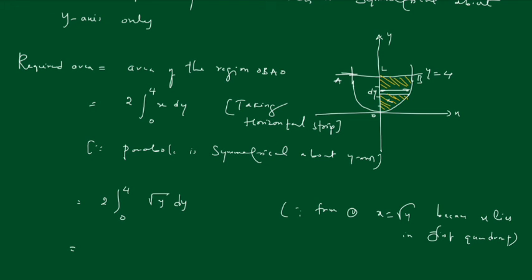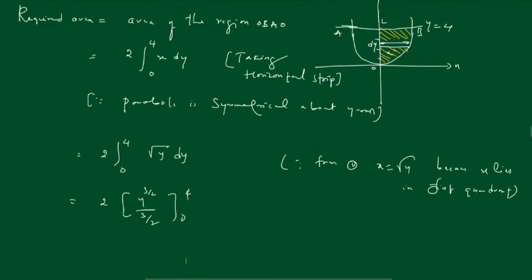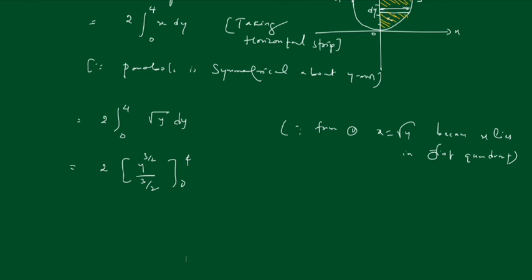So this equals 2 as it is, integration of root y is y to the power of 3 by 2 upon 3 by 2, from 0 to 4. So simply what we can write, 3 by 2 in the denominator goes to the numerator, it becomes 4 by 3.